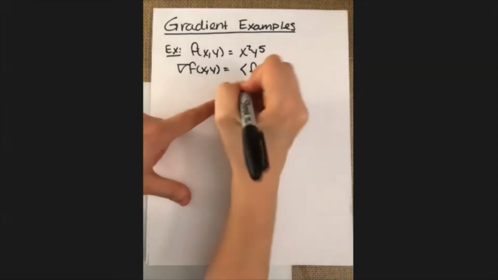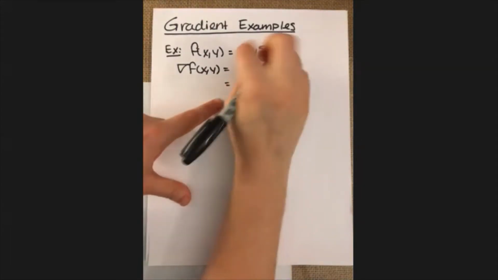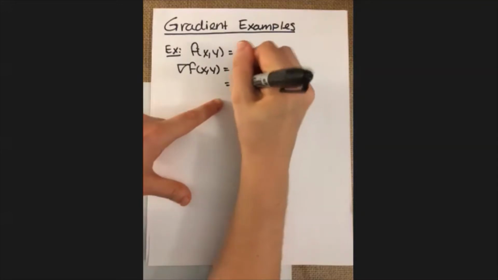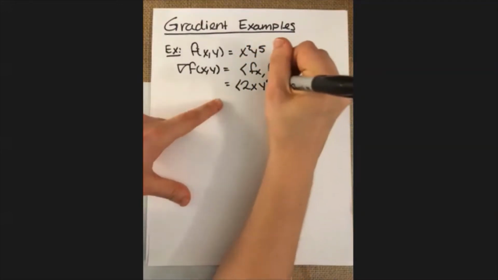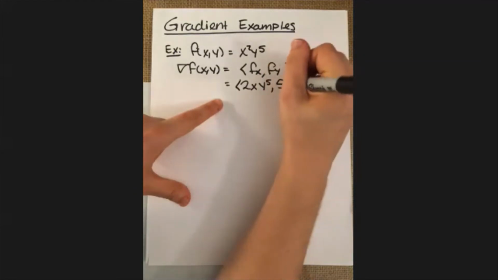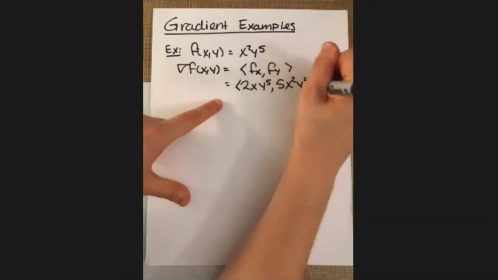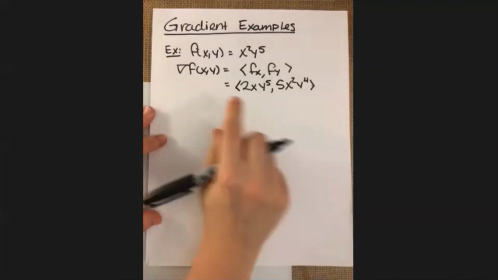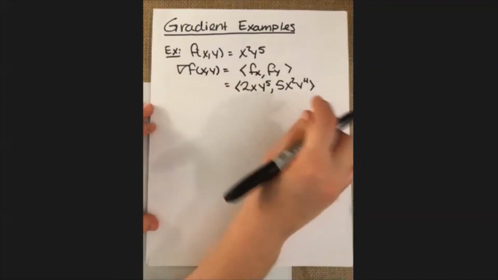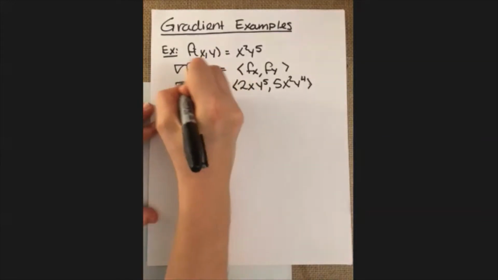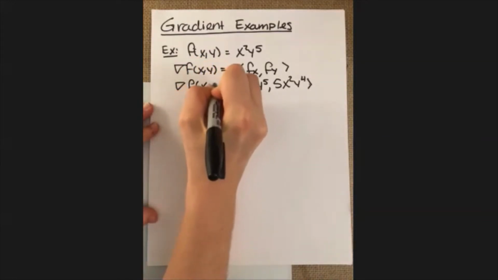So the partial with respect to x of this function here is 2x and then y to the 5th. And the partial with respect to y is going to be 5x squared y to the 4th. And this one's pretty simple. That's all there really is to taking those two partial derivatives. So our gradient is just going to be this vector right here.